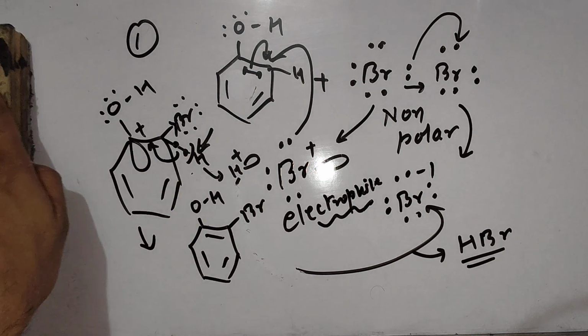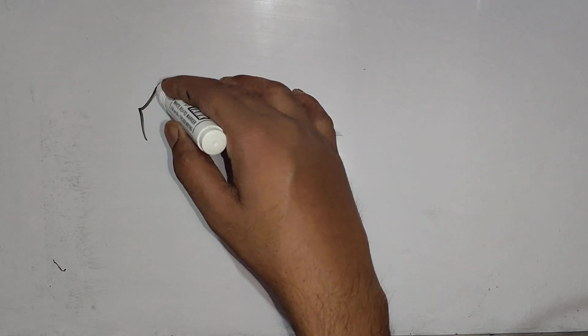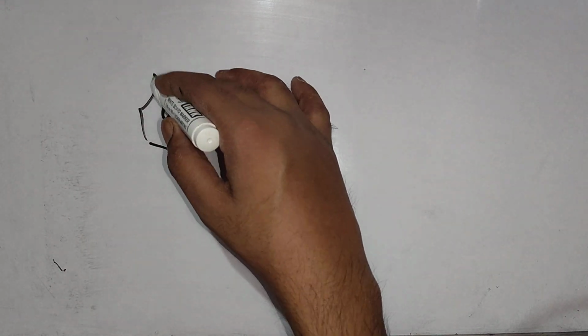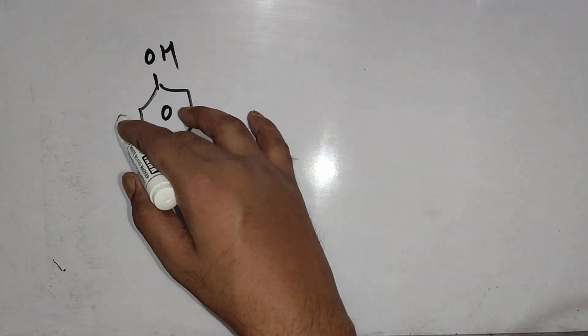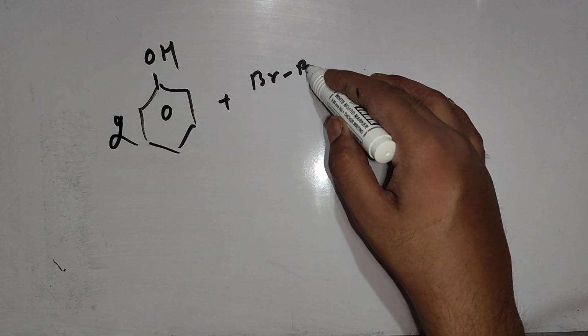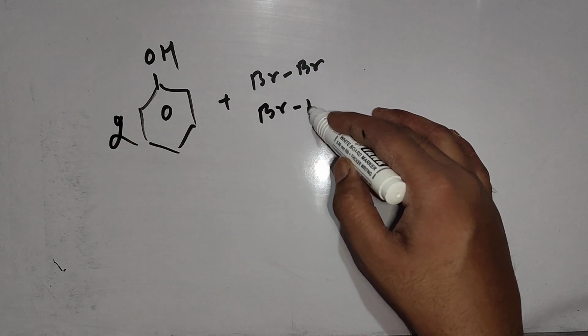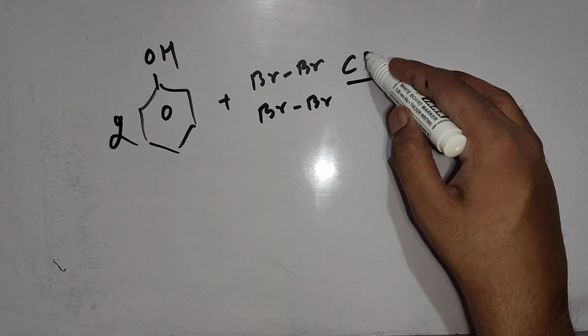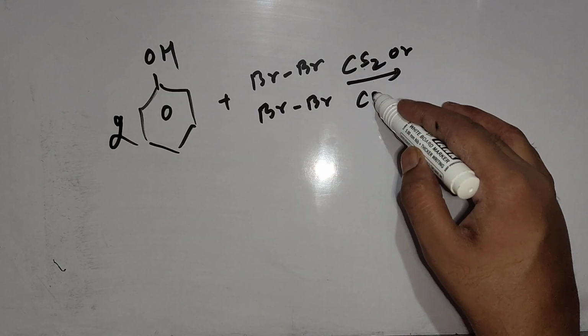So if I write the whole reaction, suppose we have two molecules of phenol, so two molecules of bromine in CS2 or CCl4 as a solvent.